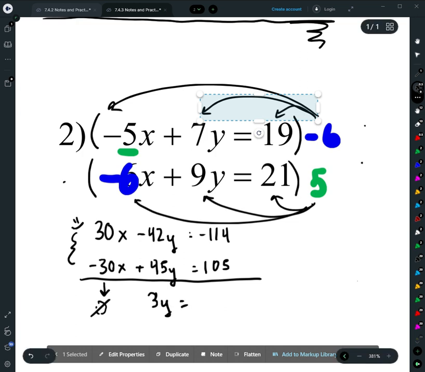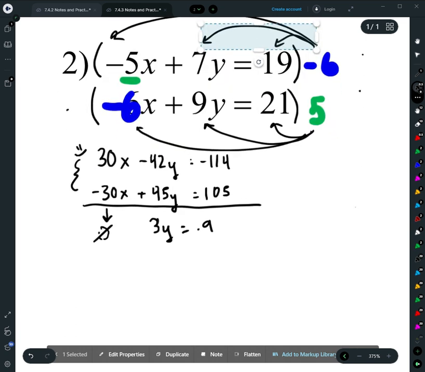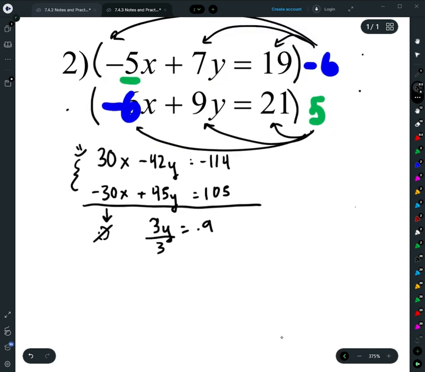And then negative 114 plus 105 is going to be negative 9. Finishing that up is just dividing by 3. So y equals negative 3.